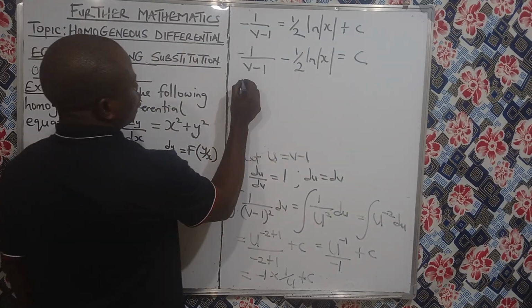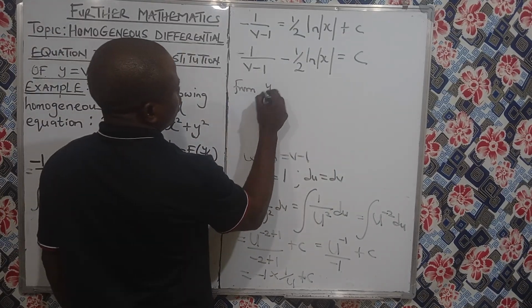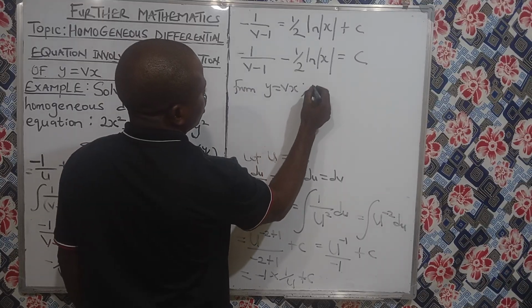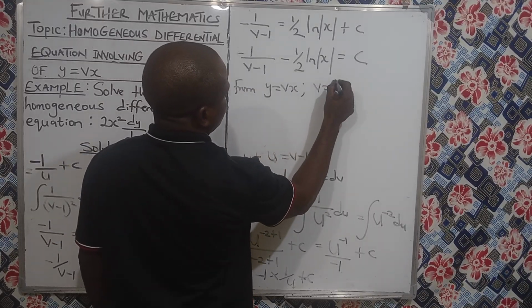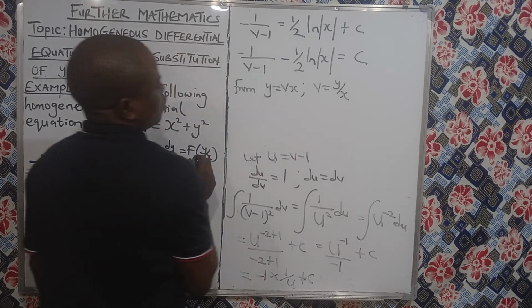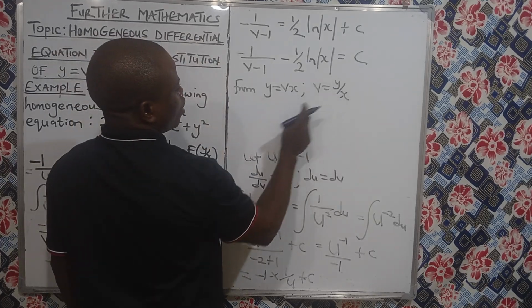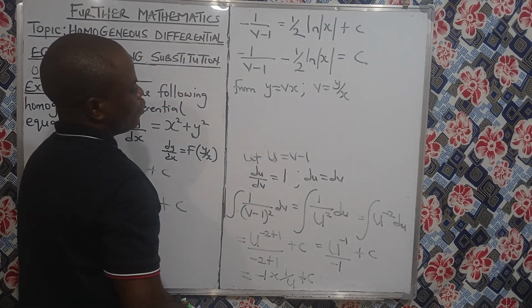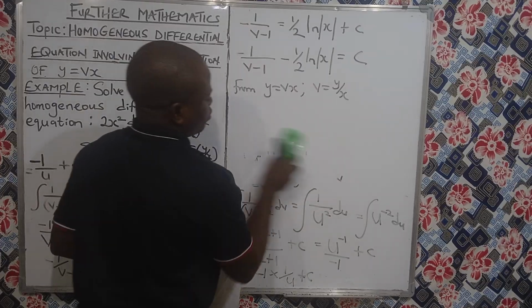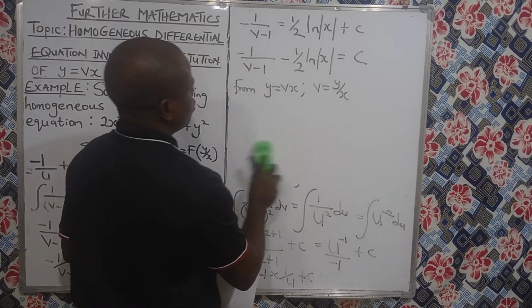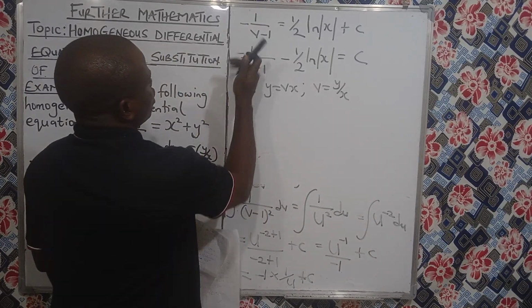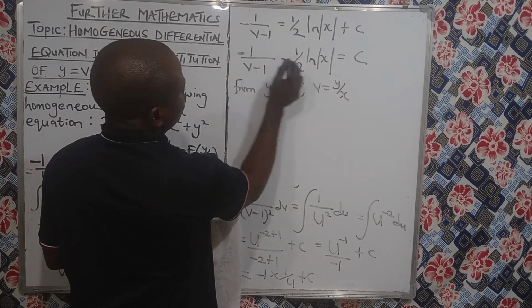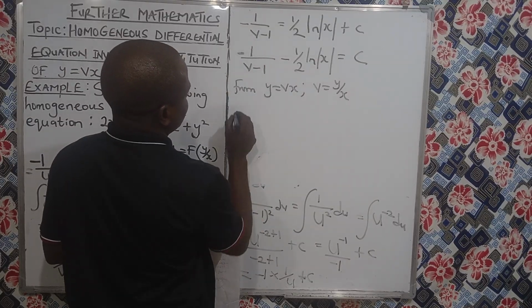Now, from y equals vx, we have v equals y over x. You substitute v equal to y over x anywhere you see v. Now this negative is common, you can bring it out.